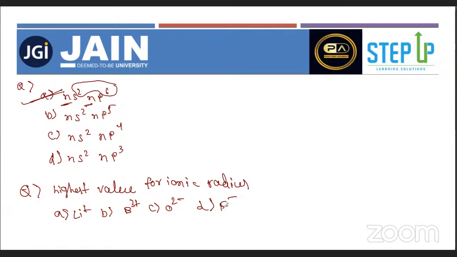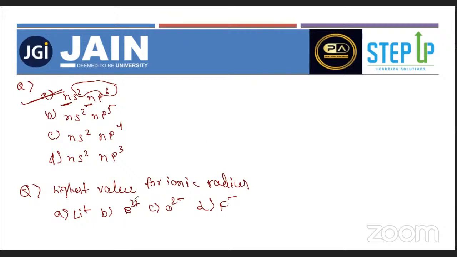Which among these has the highest value of ionic radius is the question. Jen says C. Sunil says C. Sujin says C.